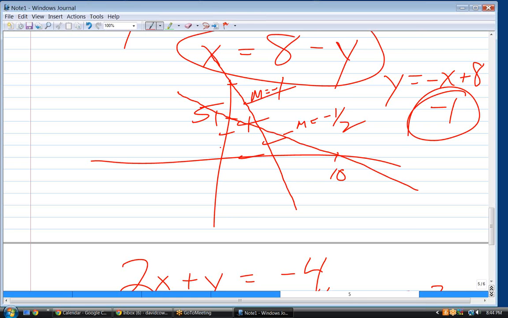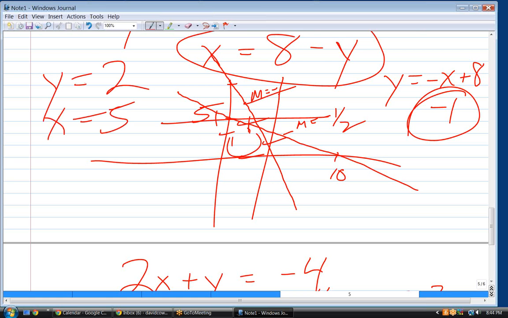For that quadrilateral to be a rectangle, I need a horizontal slope and a vertical slope. So I need lines like y equals 2 and x equals 5. That makes a rectangle, because x equals 5 would be a vertical line, y equals 2 would be a horizontal line, and this thing here would be a rectangle.